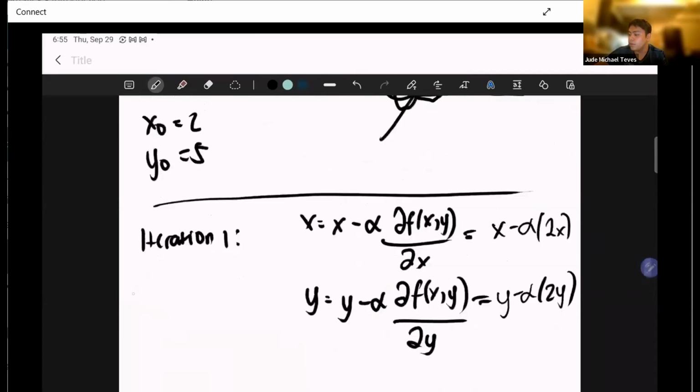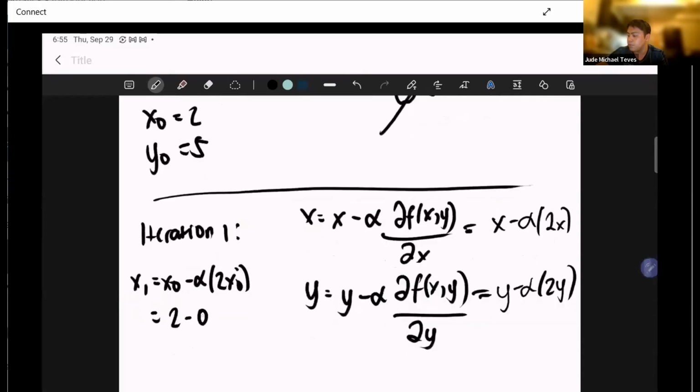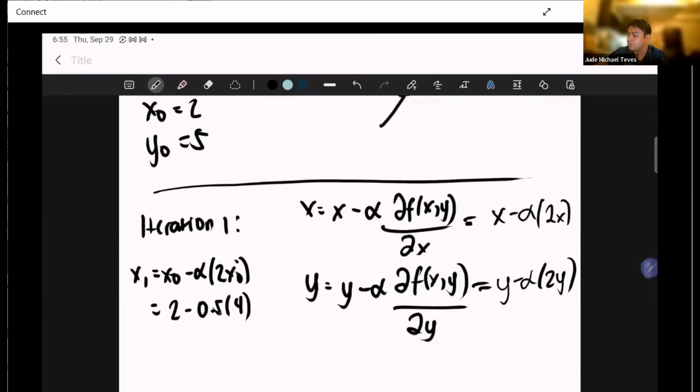Okay, let's do this. For the new value of x, it's basically just 2x. So 2 minus 0.5 times what? 2 times 2 is 4. What's the value? It's just 0.